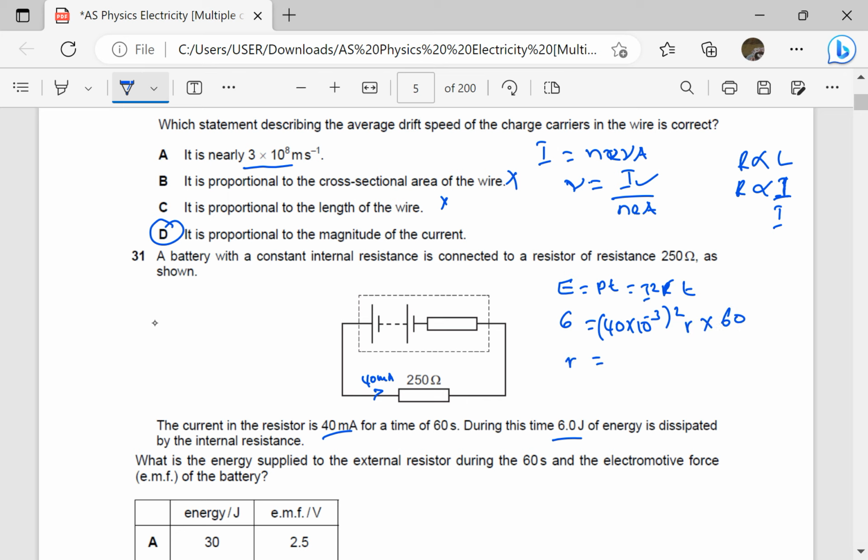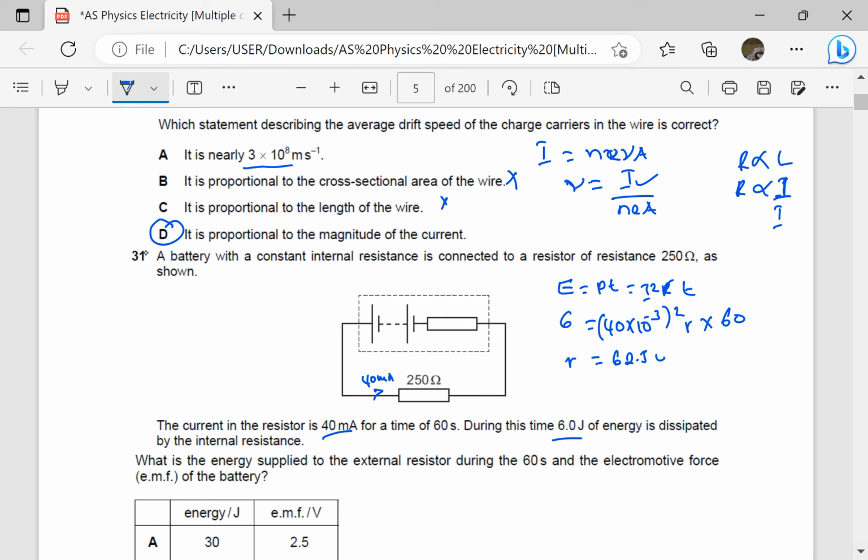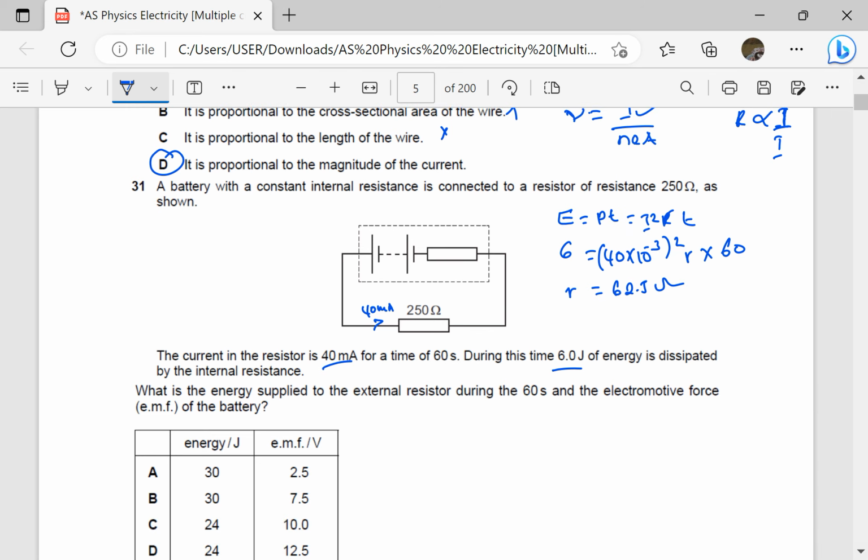So what is r? I'll just press my calculator. r is 6 divided by 60 divided by (40 times 10 power negative 3) squared. So small r is 62.5 ohms.